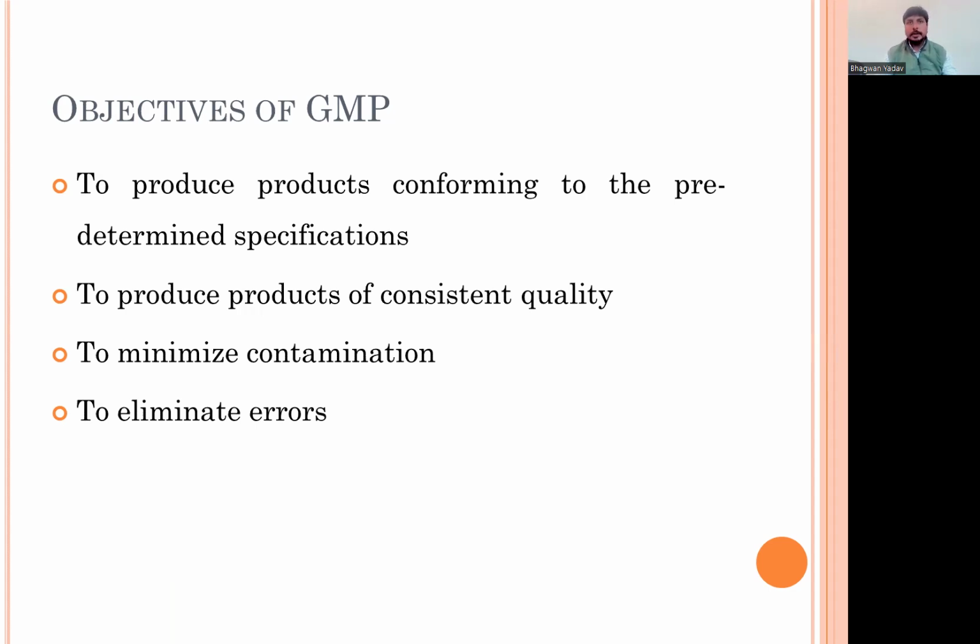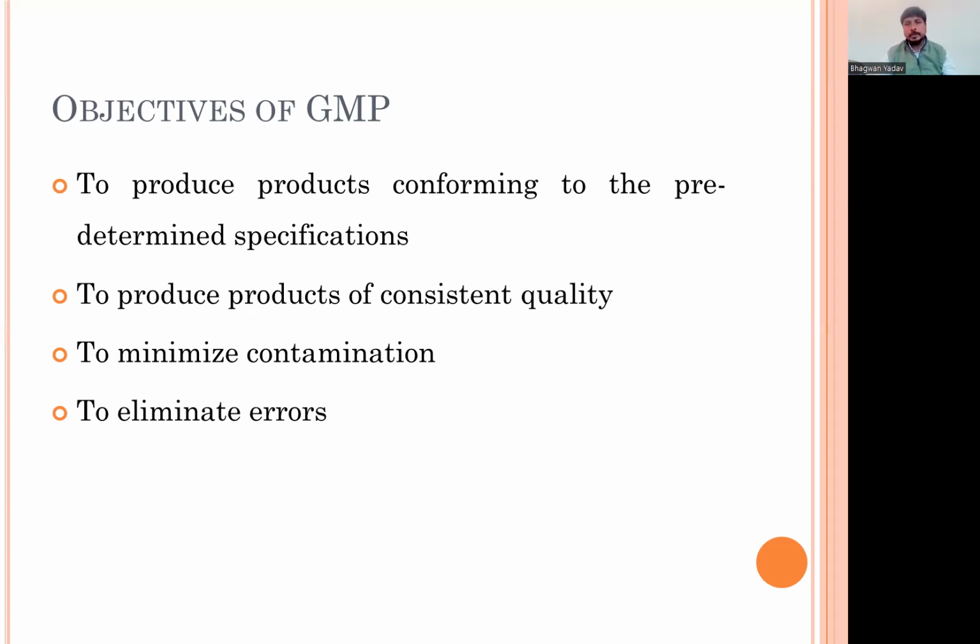For example, if it is written in the Indian Pharmacopoeia that the disintegration time of an uncoated tablet should be less than 15 minutes, then if you are manufacturing an uncoated tablet, you have to justify that by the Indian Pharmacopoeia. By this example, we can understand the things.